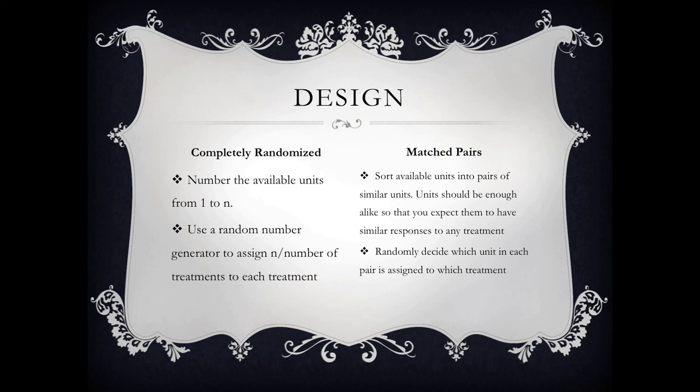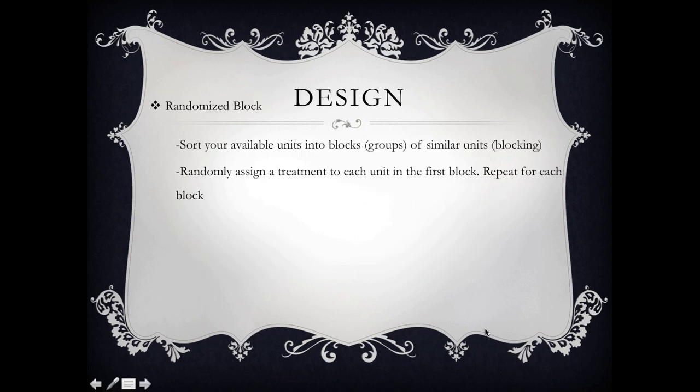So maybe you have 2 women that weigh 150, and that would be a matched pair, and 2 women that weigh 160, and that would be a matched pair, and so on. Then within those matched pairs, you randomly decide which of the 2 receives which treatment.